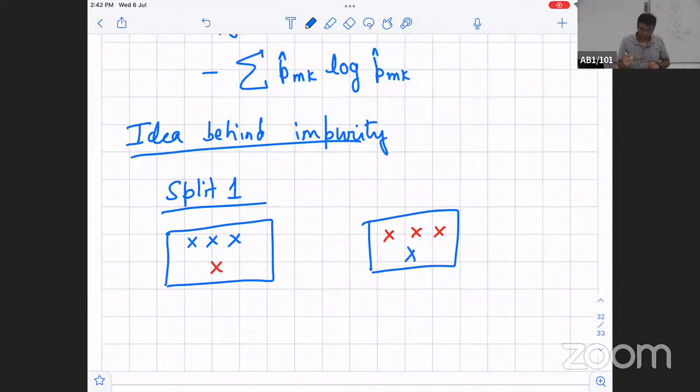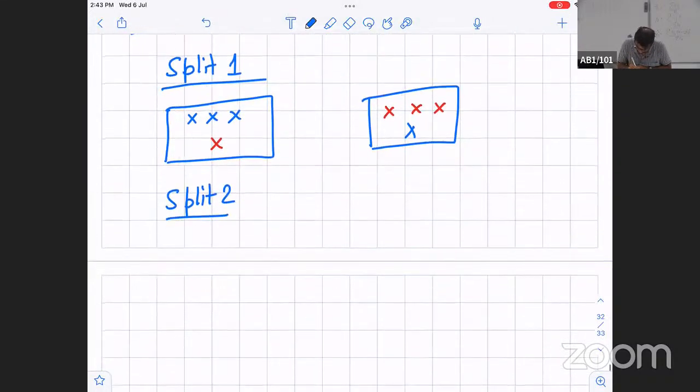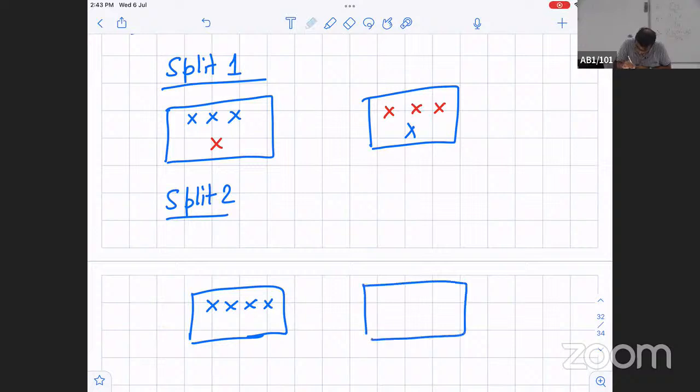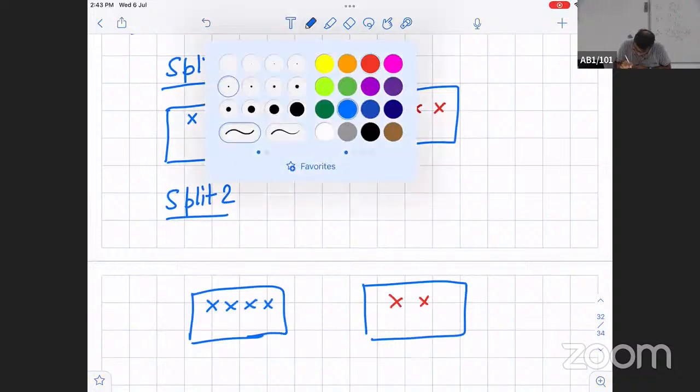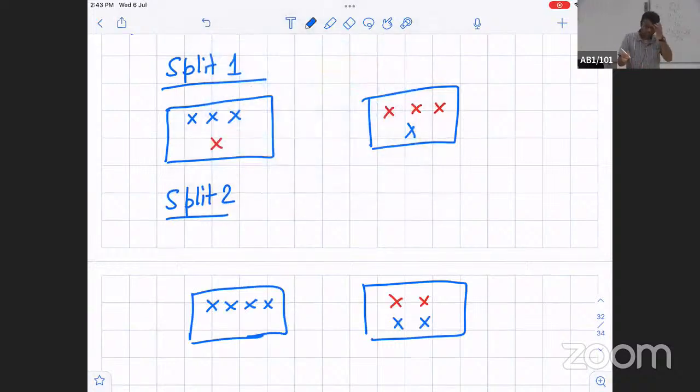In split 2, there are these two splits. First of all, what is the label for the first box?